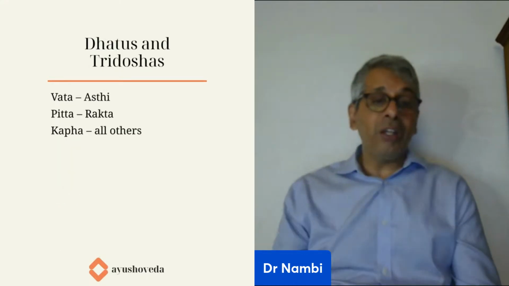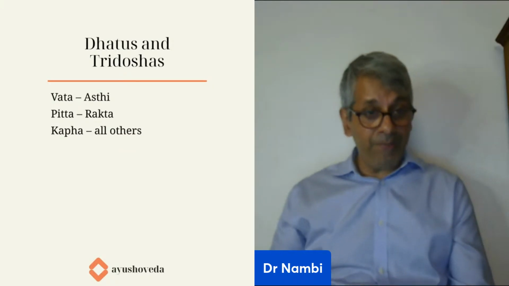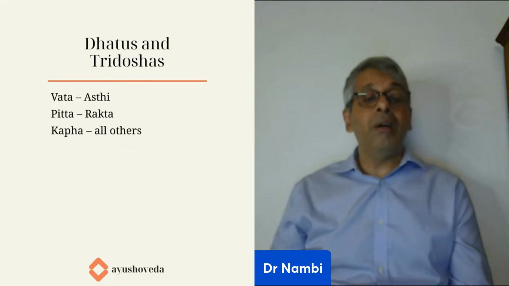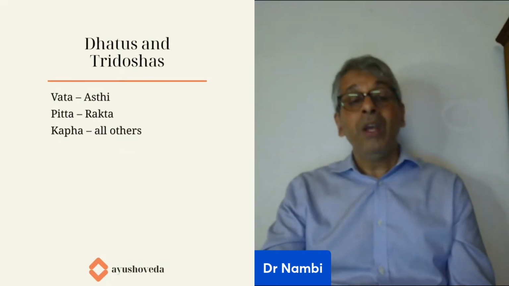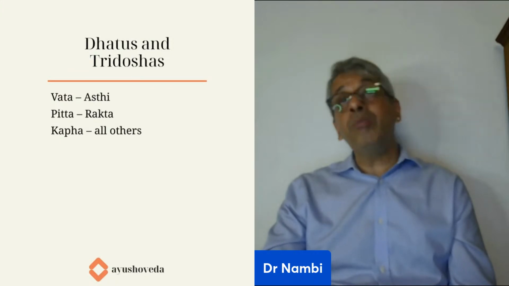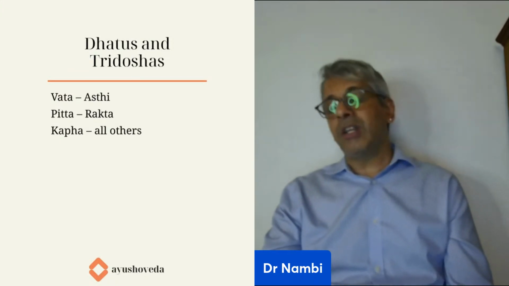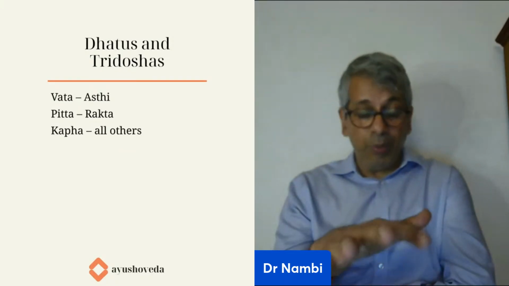Okay. Now dhatus and tridoshas. You have got the ashrayi bhava, we call that. Vata is in asthi. Pittam to sweda raktayoho, pitta is in the sweda and rakta, when we add the malas also.